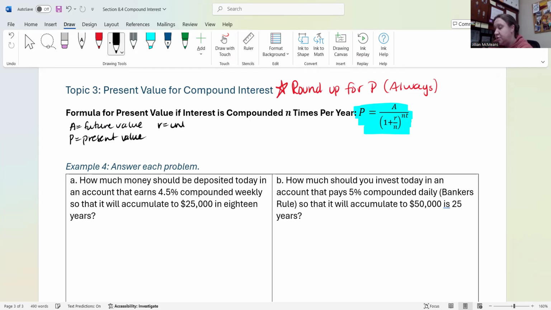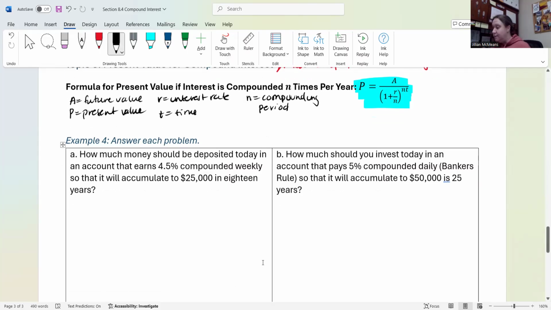R is the interest rate. T is time. And N is the compounding period. And the compounding period just represents the number of times interest is going to be calculated per year. Okay? So let's do an example or two.